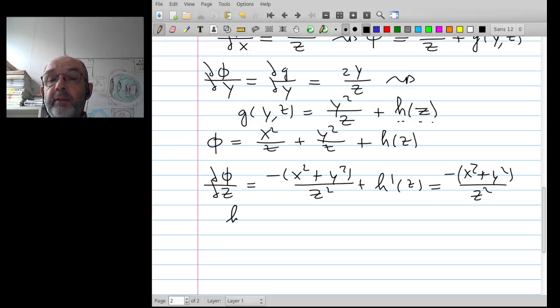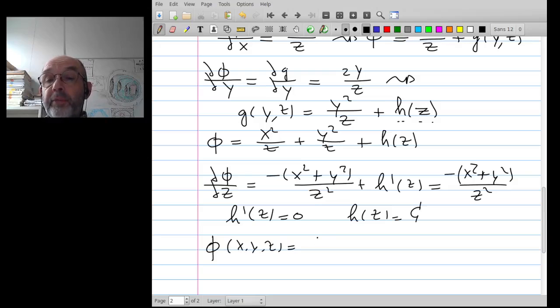I see that the derivative of h with respect to z is equal to 0, so that function h becomes some constant, and so for our potential we have x squared plus y squared divided by z plus some constant.